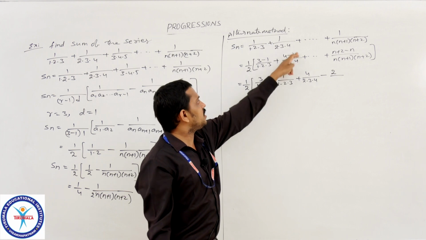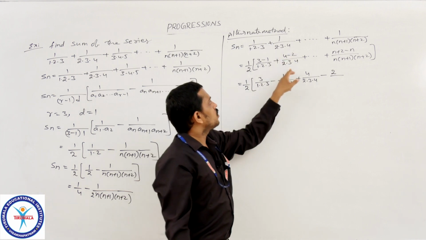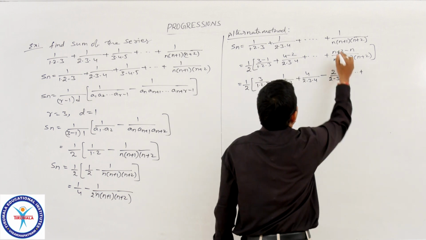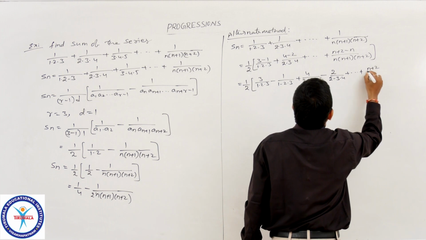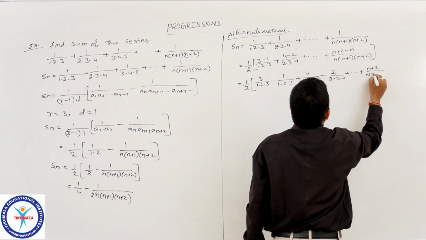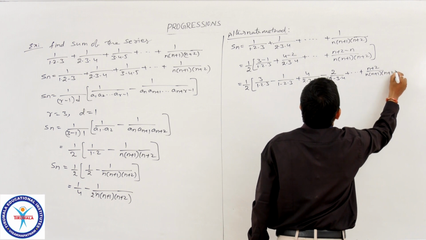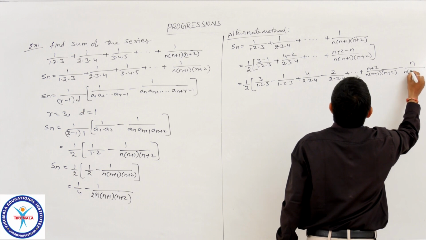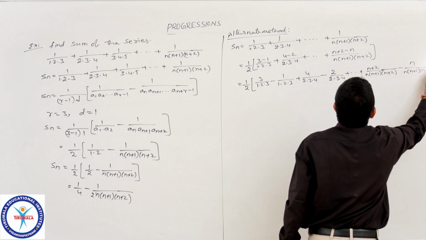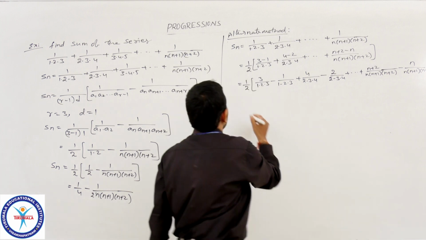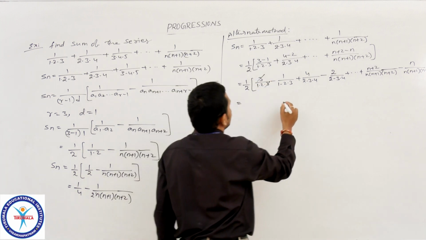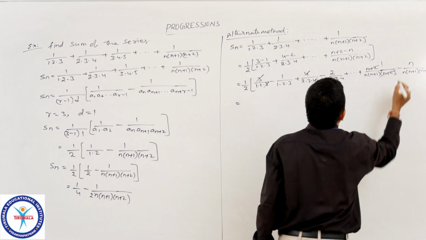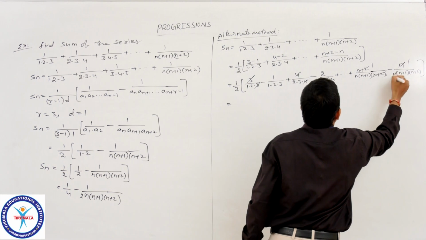So we can split the division, 4 by 2 into 3 into 4, 2 by 2 into 3 into 4 plus and so on plus n plus 2 by n into n plus 1 into n plus 2 minus n by n into n plus 1 into n plus 2. So here 3 cancels, here 4 cancels, here n plus 2 cancels one time, here n cancels one time.